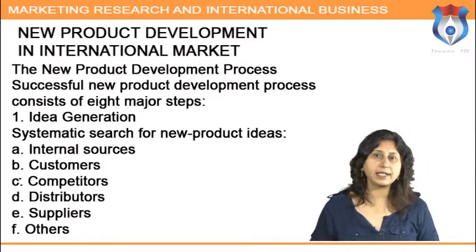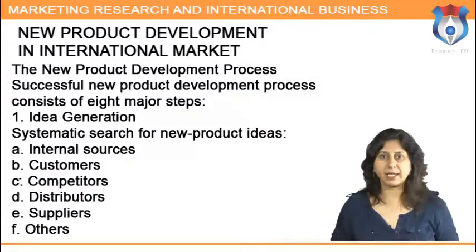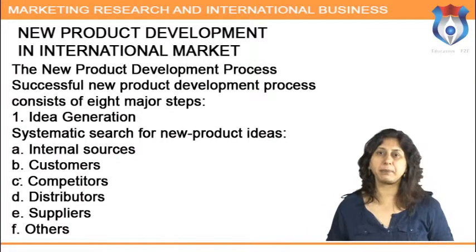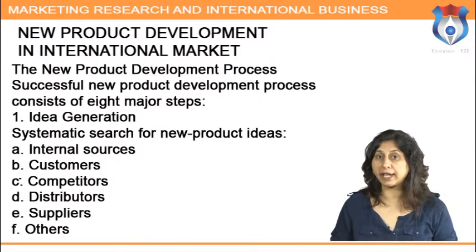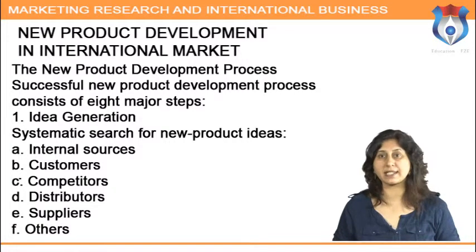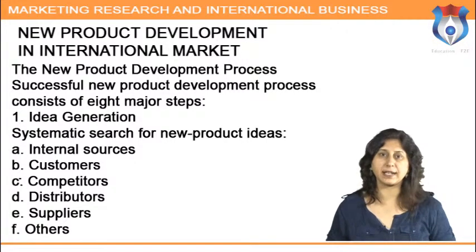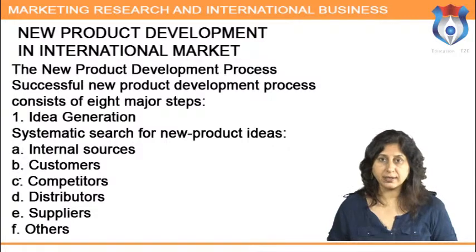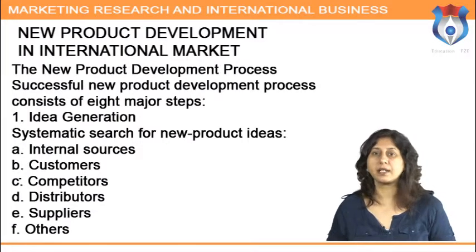The new product development process. The successful new product development process consists of eight major steps. Idea generation: systematic search for new product ideas. Sources include internal sources, customers, competitors, distributors, suppliers, and others.